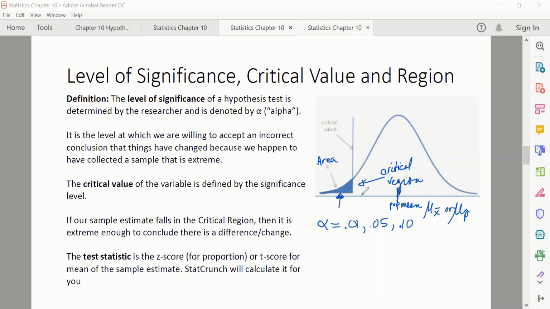If it's not far enough away, then we're not willing to say it was a change. It's possible that was just a low sample, but it's not low enough to say there was a change. And the researcher decides what low enough means. So that will be given to you.